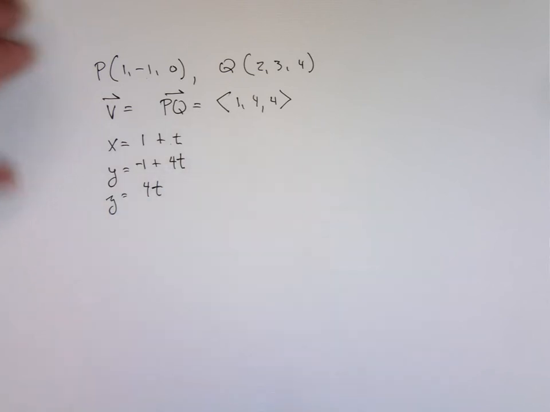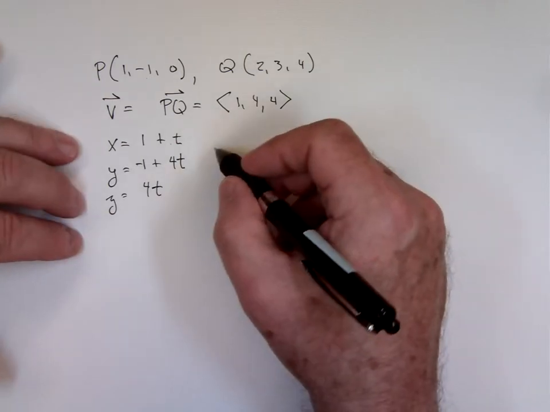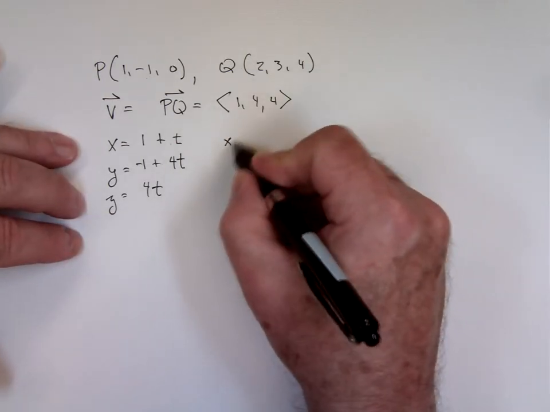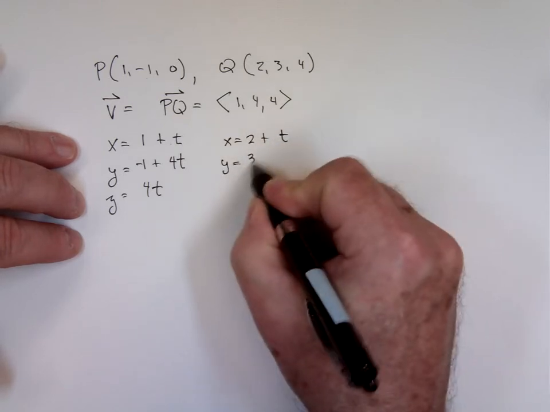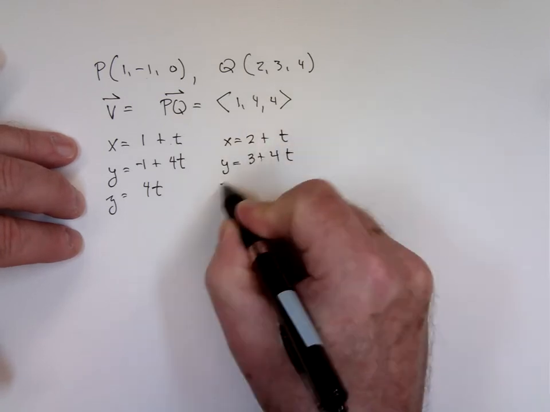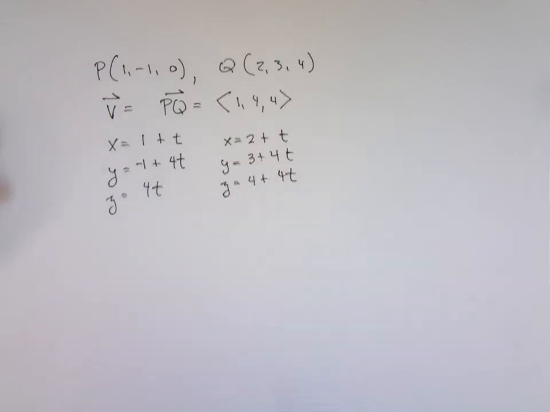And you may protest, say, Burns, what happens if you use the other point? Well, you get something that looks different, but generates the same line. So also acceptable would be x equals 2 plus t, and y equals 3 plus 4t, and z equals 4 plus 4t. Those would be the same line. They look different, but they're the same line.